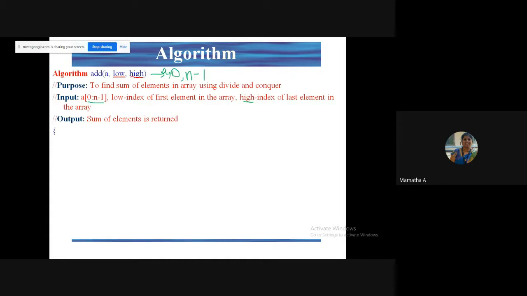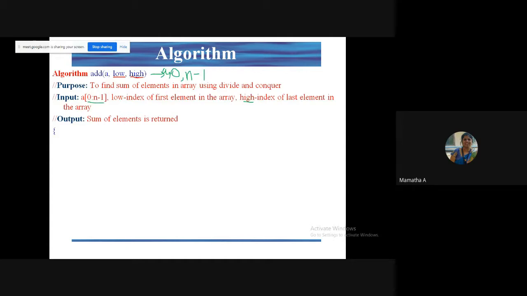You know that as it is a recursive algorithm, there should be a base case. What is the base case for this algorithm? When I cannot divide the problem further, when the array contains how many elements?